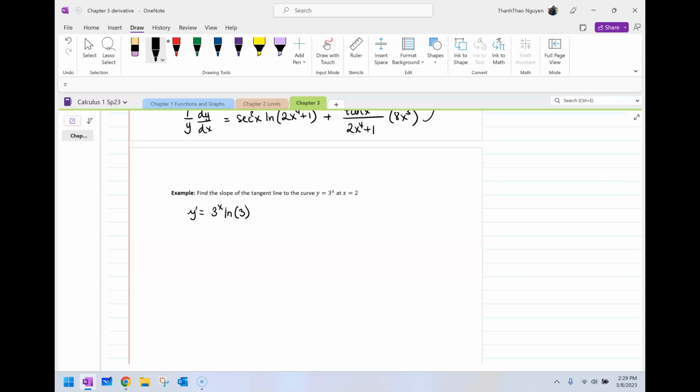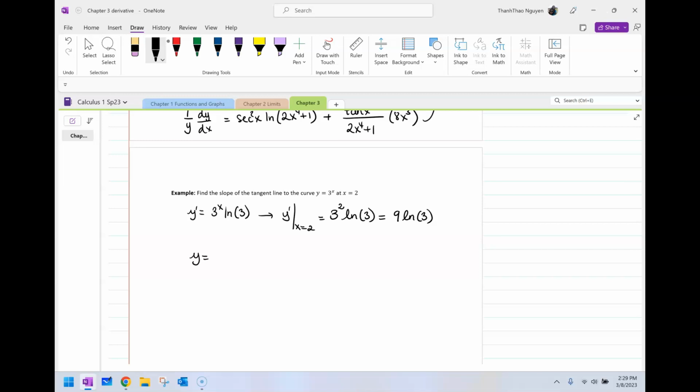Okay, so at x equal 2, we evaluate y prime at 2. We're looking at 3 to the second times ln of 3. So that is 9 ln of 3. That is the slope of the tangent line at x equal 2.